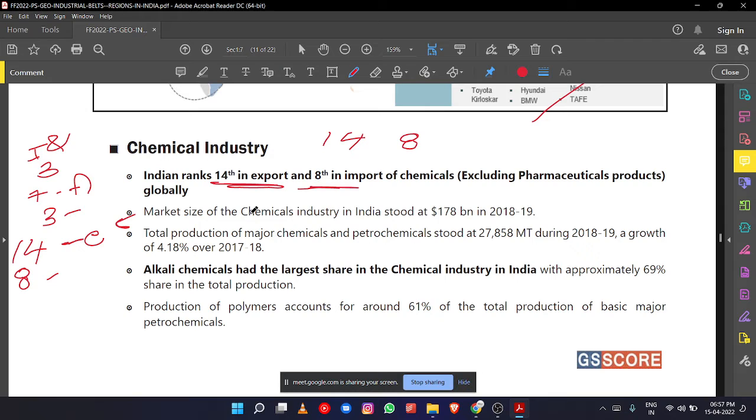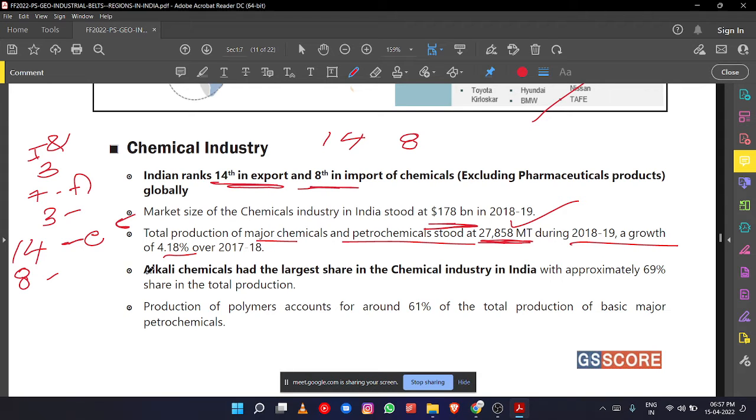Market size of chemical industries in India stood at 178 billion. Total production of major chemicals and petrochemicals stood at 27,858 metric tons during this financial year.